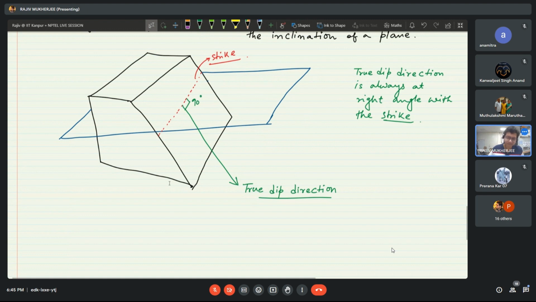right? Now, if we project this line on this horizontal surface, how will the projection be done?